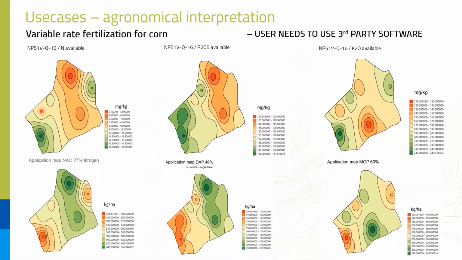In the most common farm management software, there are built-in algorithms where you can enter your thresholds, minimum and maximum values, and it is going to adjust the final application map based on the availability maps. With GIS software, it is a little bit different. First, you have to invert your values and then assign your minimum and maximum values for the different fertilizers.